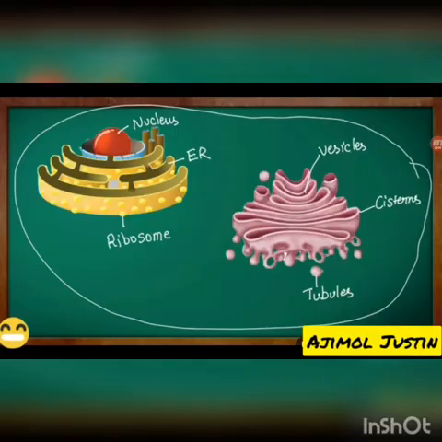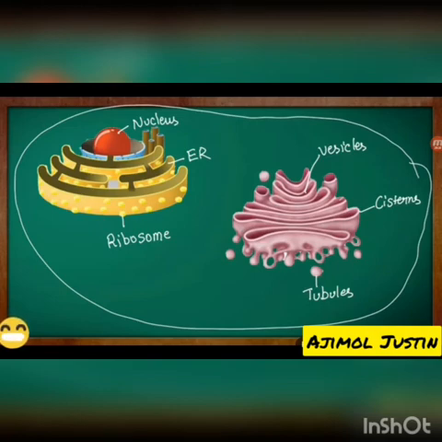Towards the left, now you can see the endoplasmic reticulum, and towards the right, the Golgi complex. In the left figure, the red colored thing is a nucleus, and near the nucleus you can find the endoplasmic reticulum, and those round-like structures found on the endoplasmic reticulum are called the ribosomes.